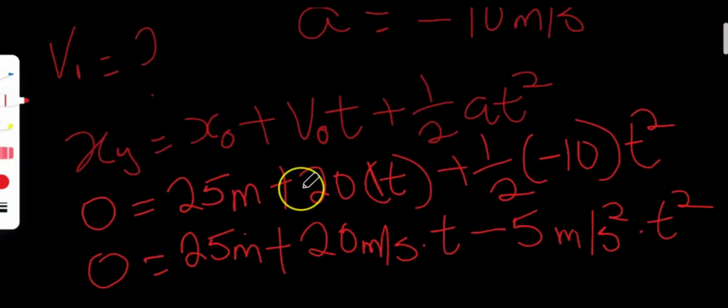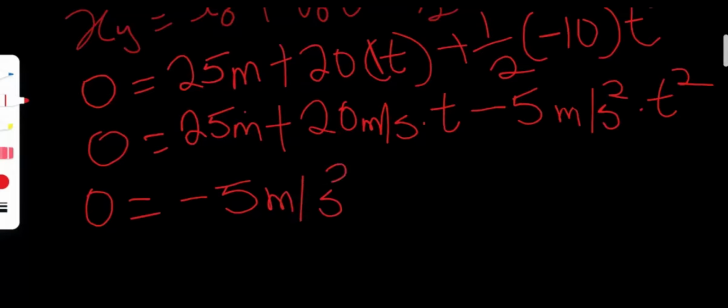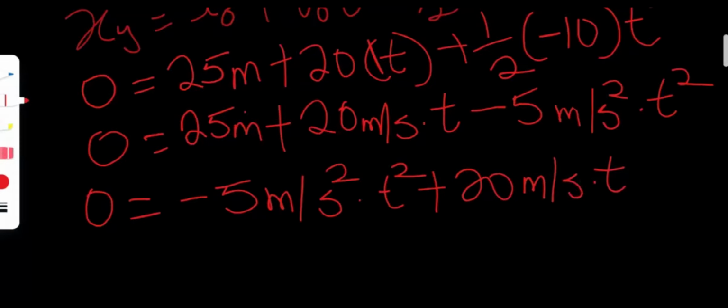All right. So let's substitute the value again. 0 equals -5 meters per second squared times t squared plus 20 meters per second times t plus 25 meters. If you see, it's already an equation.